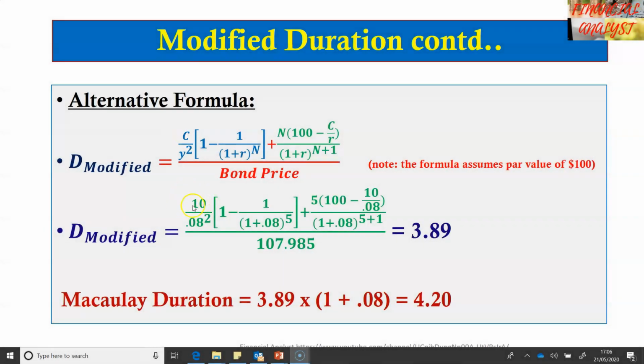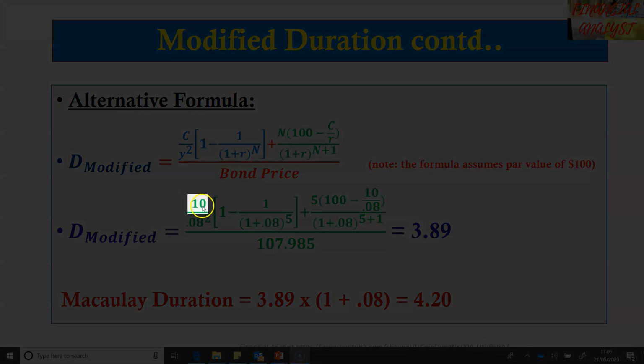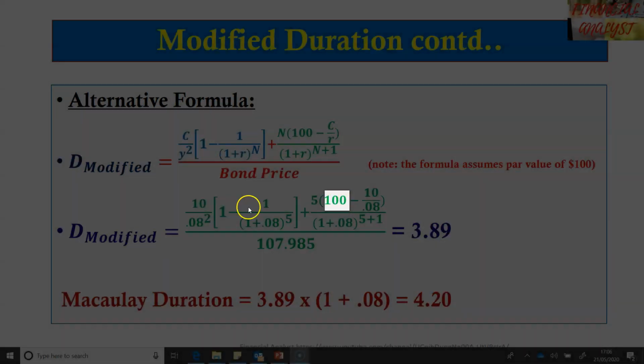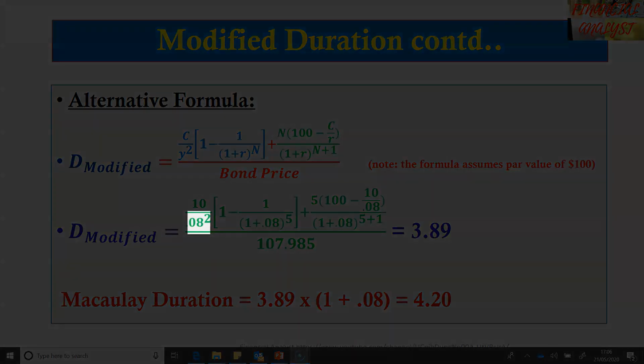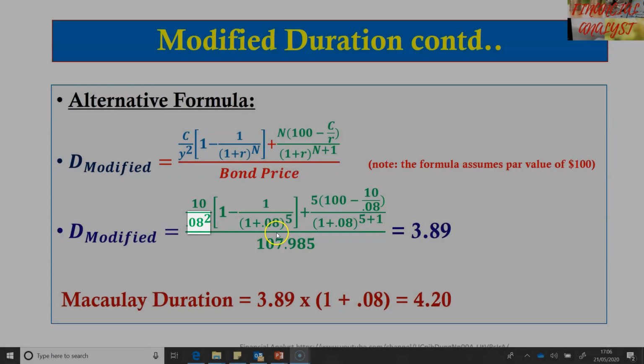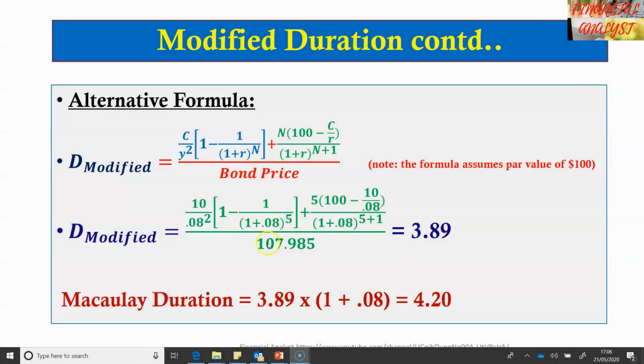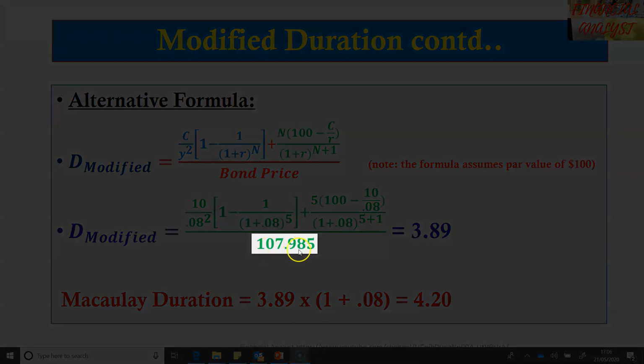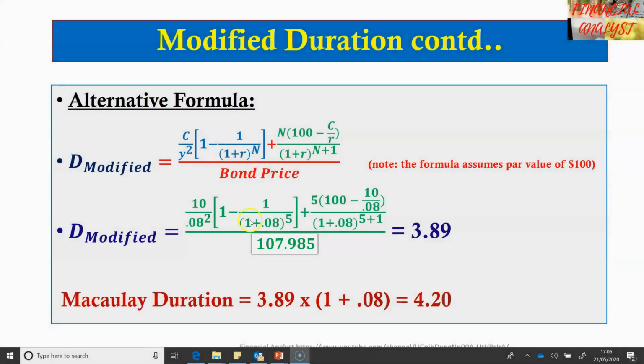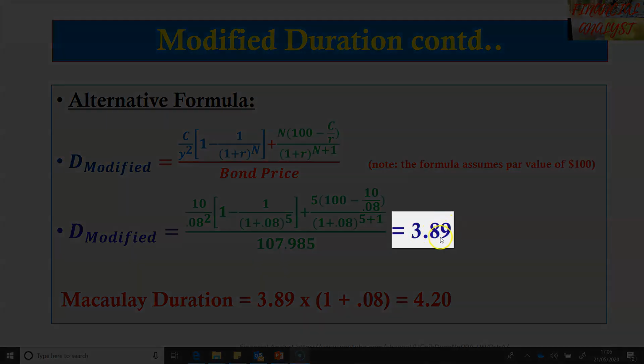We have adjusted the coupon from 100 to 10 and the par value from 1000 to 100, and we are using 8% as the YTM as was in example 3. So using our data, and of course we have adjusted the bond price here from 1079 to 107.985. Using these inputs in the formula, we get the modified duration equal to 3.89.